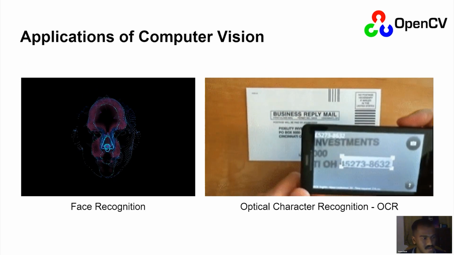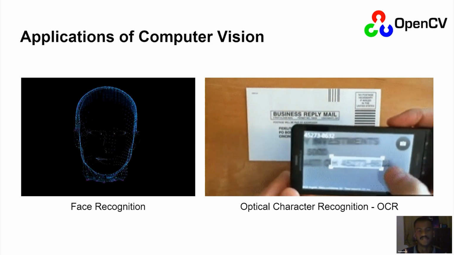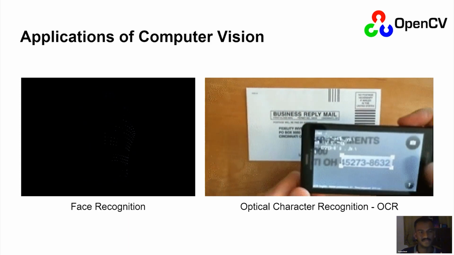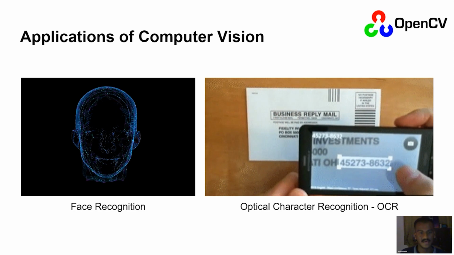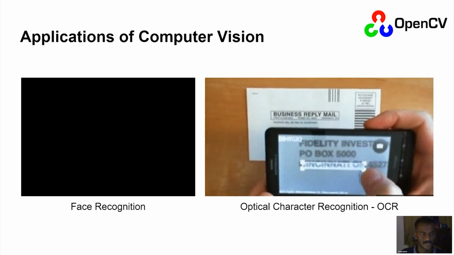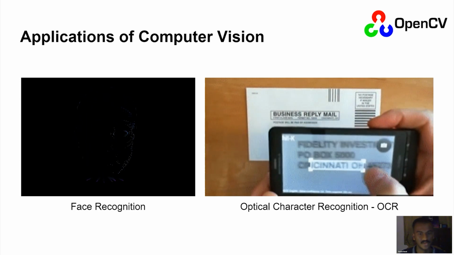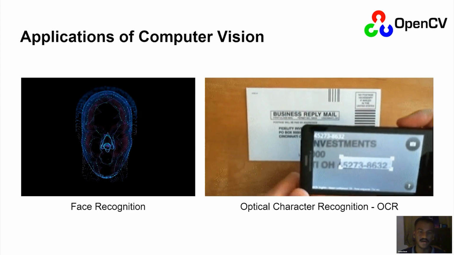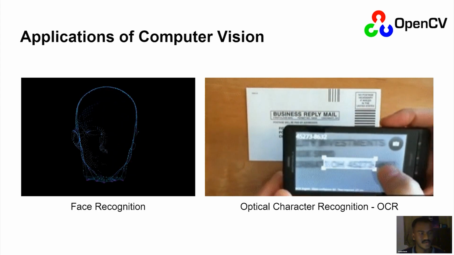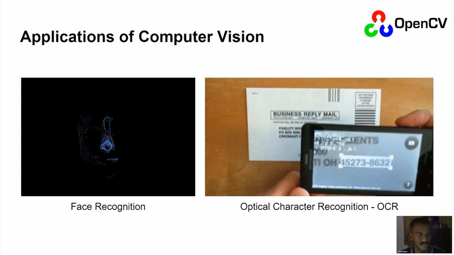And if you've used tools like Cam Scanner, you do know that it's able to scan a document and convert that into a digital representation, after which you can edit it, right? So that is possible through OCR, or optical character recognition.